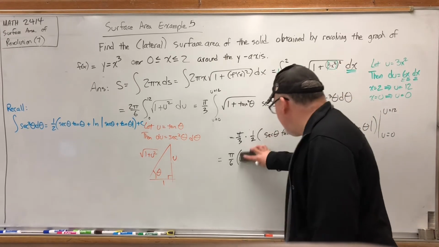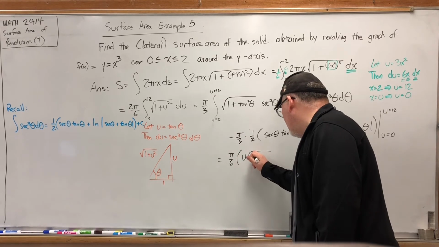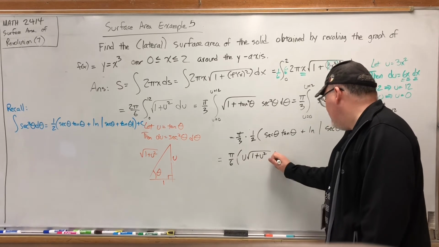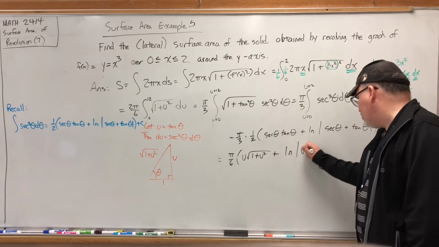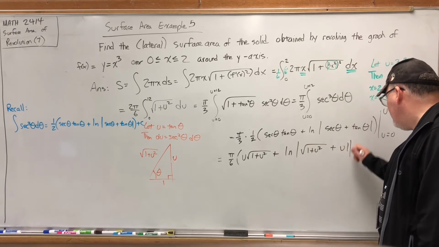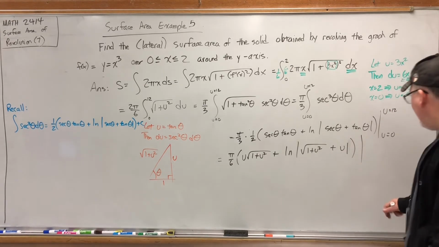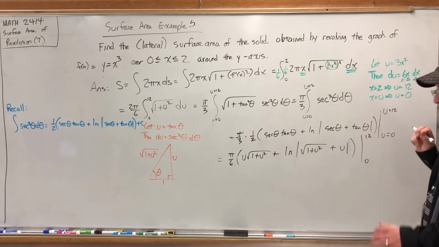Let's write that a little bit better: u times the square root of 1 plus u squared. So that's tangent of theta, this is secant of theta, plus the natural log of the absolute value of, well, secant of theta was the square root of 1 plus u squared, plus tangent of theta was u. Absolute value, close parentheses, being evaluated, and now that it's the correct variable, I can just write 0 to 12 and then plug away.